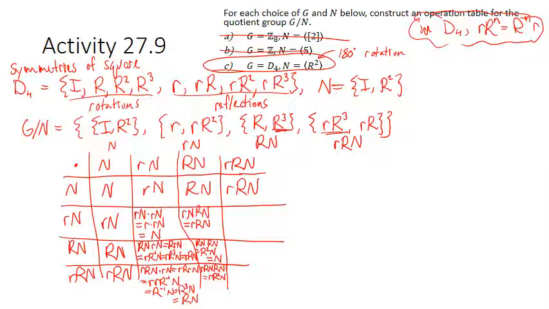And then let's see, where is little r times r squared? That one is in this coset, little Rn. Okay, and then little Rn times little r capital Rn. So those two little r's are going to cancel each other out because little r is its own inverse. So this is just capital Rn.